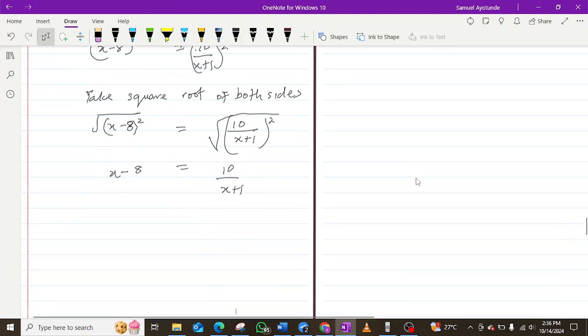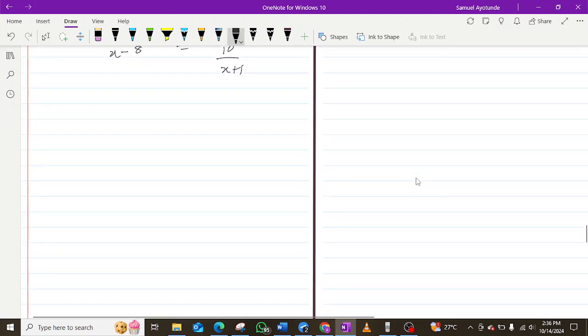So by cross multiplication, we have (x minus 8) in brackets (x plus 1) equals 10.